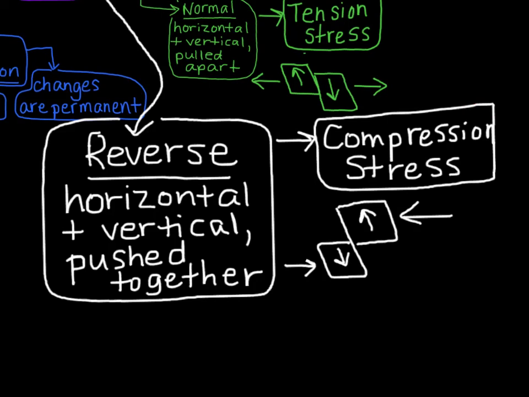To compress something means to squish it together. So when you look at the sides of the fault and you start to push those sides together, that's the horizontal movement. As a result, one side gets pushed up and the other side gets pushed down, and that's the vertical movement.